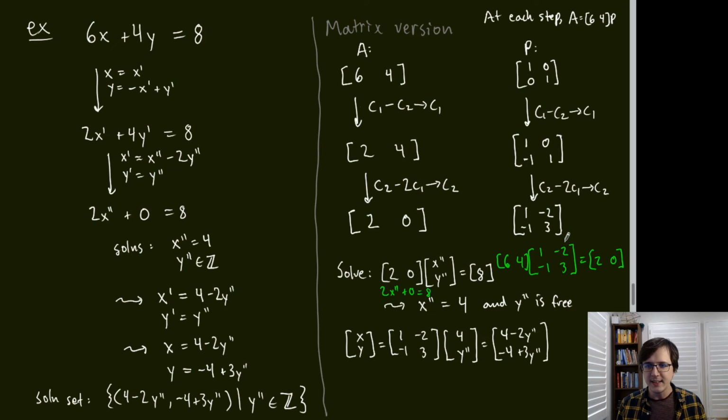And then, using what was on the previous slide, the xy solution can be written as P times the solutions that we found for this reduced version of the matrix, which is this product, and then multiplying it out, we get the exact same solution from this change of variable process, just done in this more principled way, maybe.